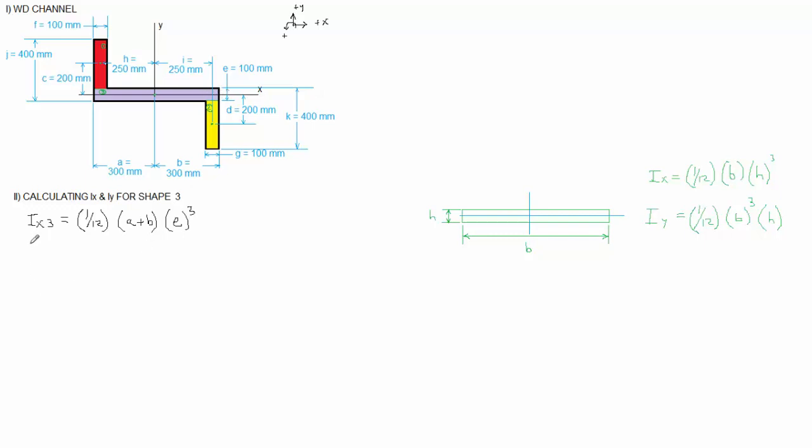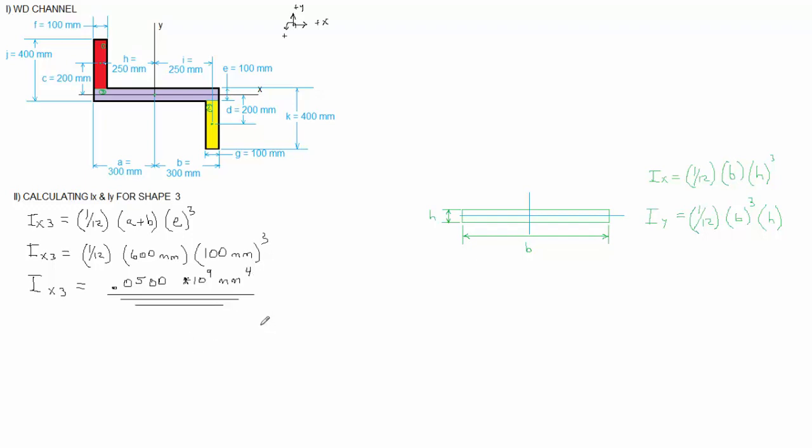Now I can plug the numbers in, and we'll find that the moment of inertia around the x-axis with respect to that shape is 0.0500 times 10 to the 9th millimeters to the 4th. The area moment of inertia will always have units of length raised to the 4th power.